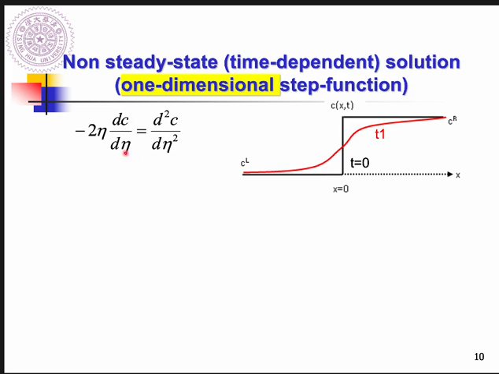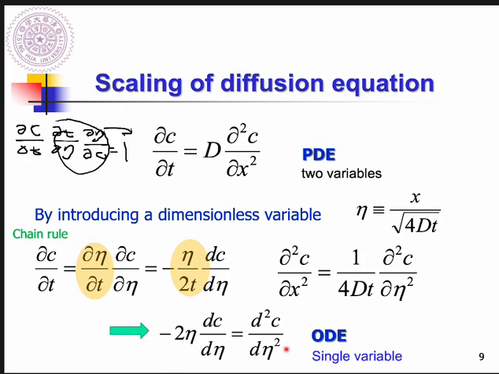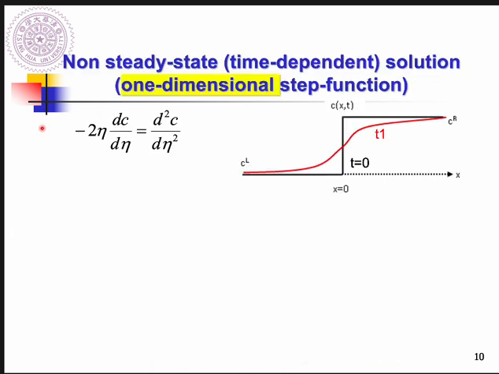Now I copy this result here, because this is what we need to solve, right? You can consider this as a concentration change with iota. This is a one-dimensional step function.